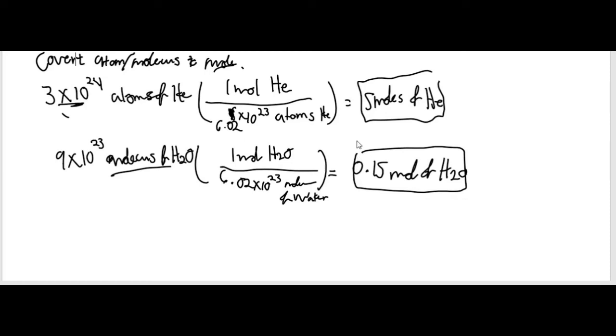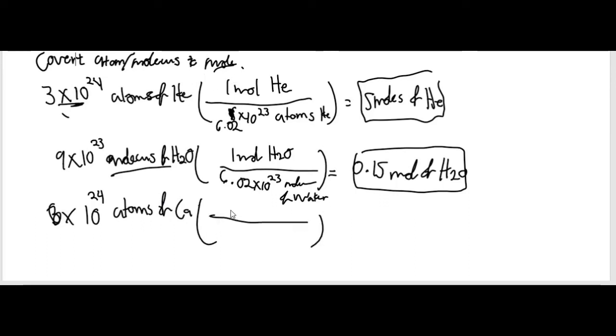Okay, let's try another one. Okay, let's have 6 times 10 to the 24th atoms of calcium. So in order to convert this to moles, we need to divide this by Avogadro's number.